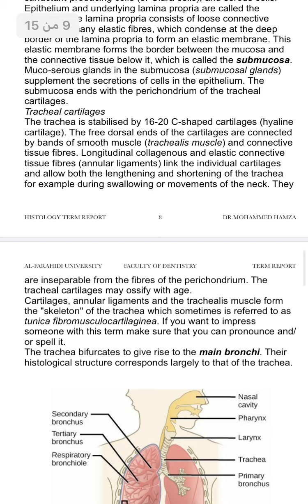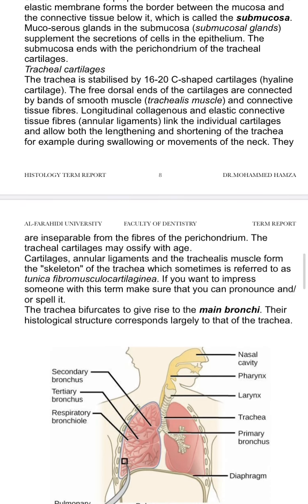They are inseparable from the fibers of the perichondrium.